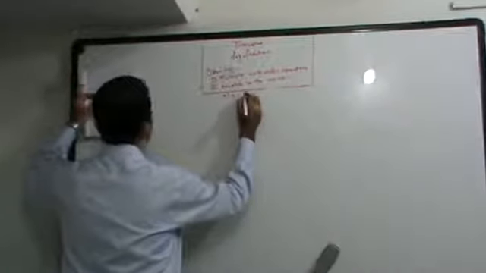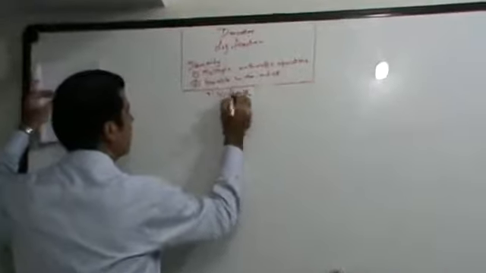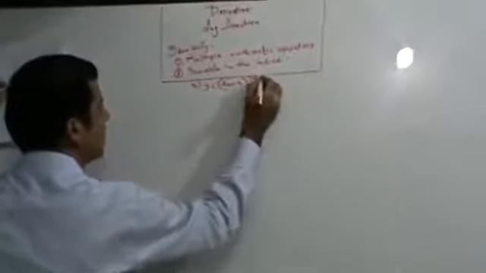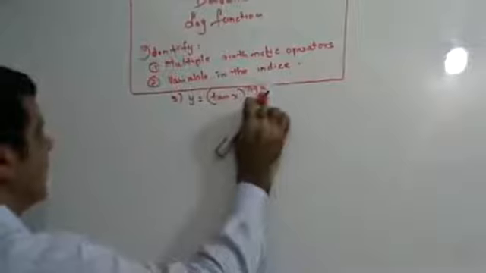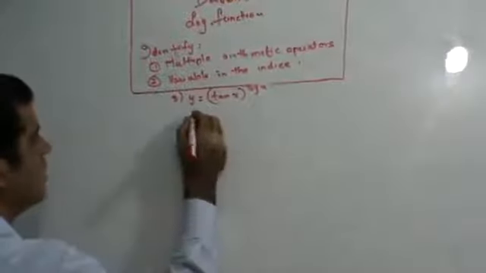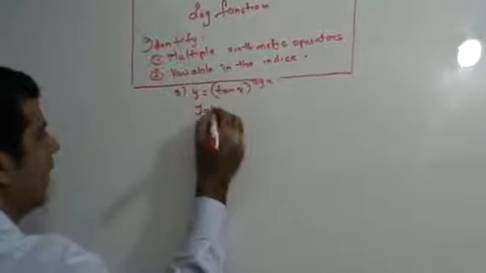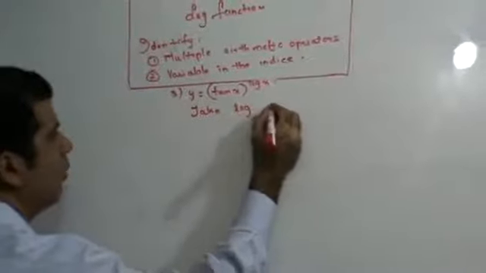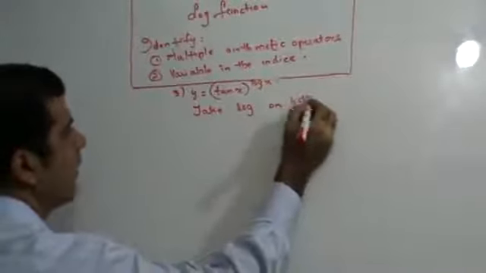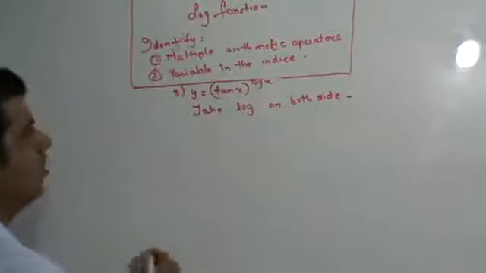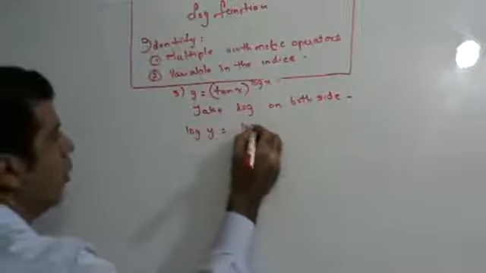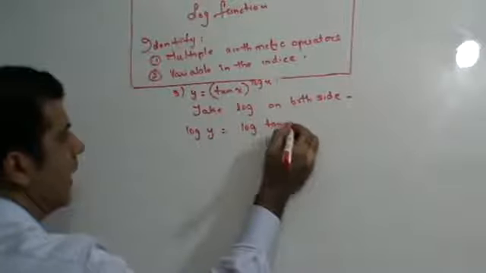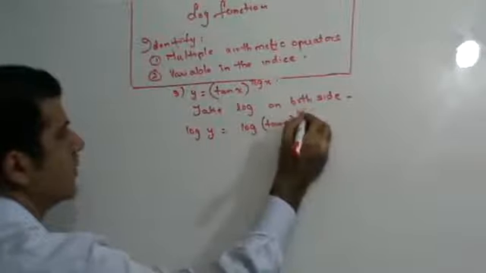Y is equal to tan x raised to log x. Again, same thing. You have a variable in the indice. When you have a variable in the indice, it is log function. You have to take log on both sides. If I take log on both sides, I can say log y is nothing but log of tan x raised to log x.